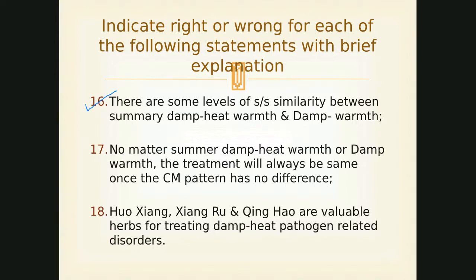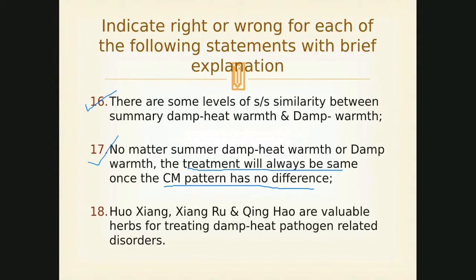Number 17, no matter whether it is summer damp heat warmth or damp warmth, the treatment will always be the same once the TCM pattern has no difference. This is very important. That means when the TCM pattern is the same, treatment will always be the same. TCM is based on syndrome differential diagnosis, so that is correct.